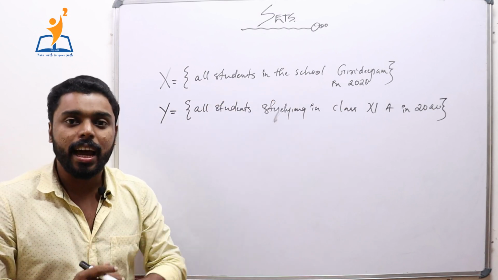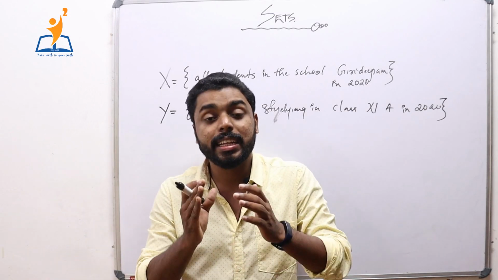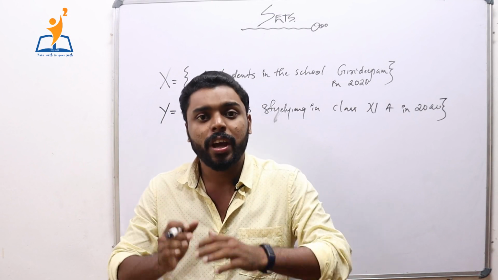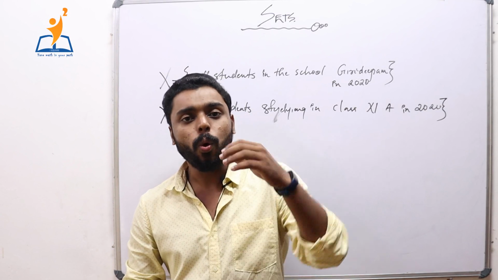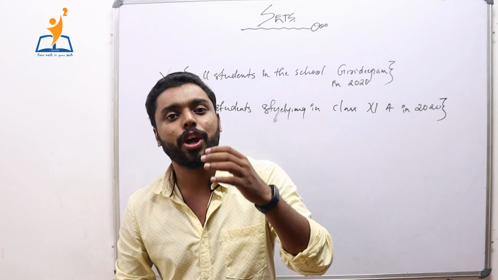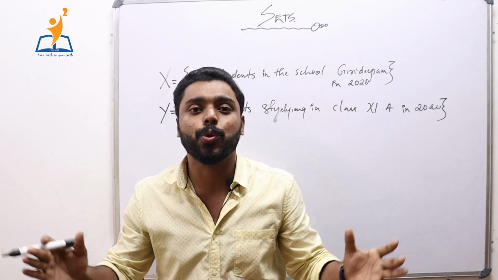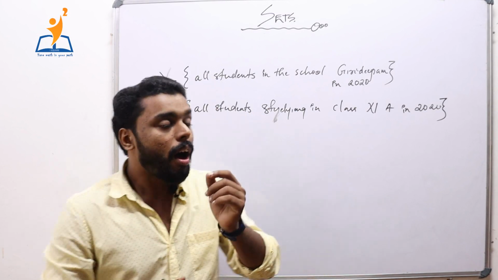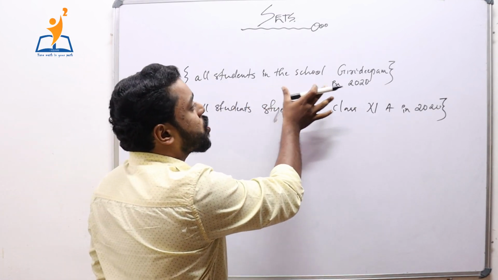So we can say that every element or every student in the set Y is also a member of the set X, which means that all students studying in class 11A of Giridipam will fall into the category of the set of all students in the school Giridipam, isn't it?